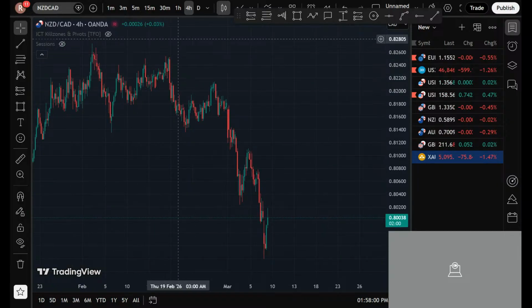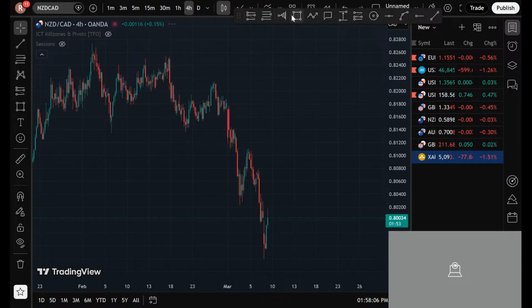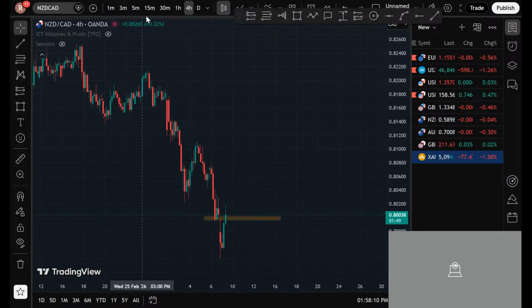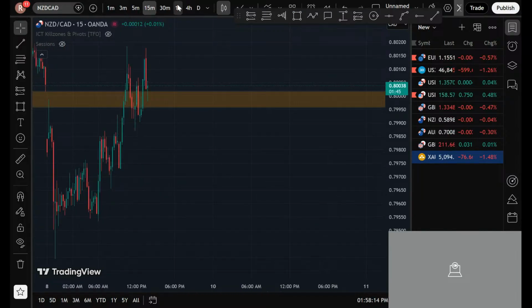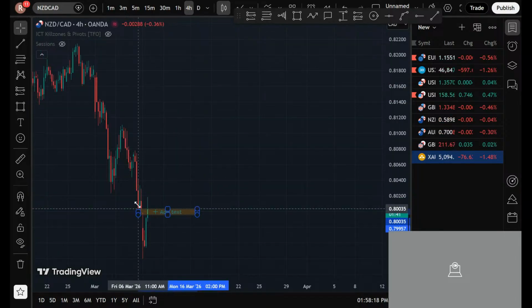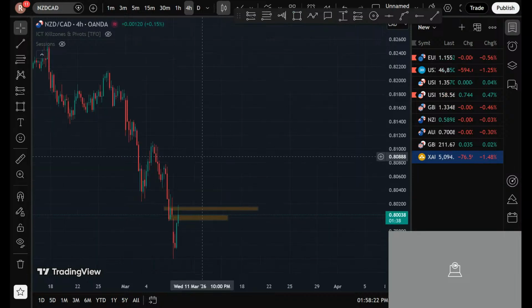The CAD looks bearish. Where we are at, the selling area. Also the selling area.